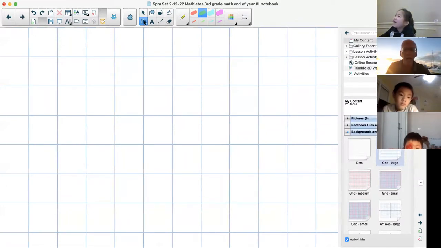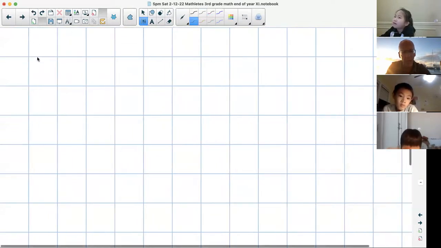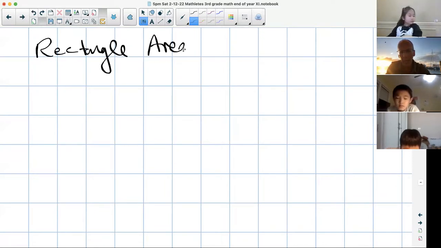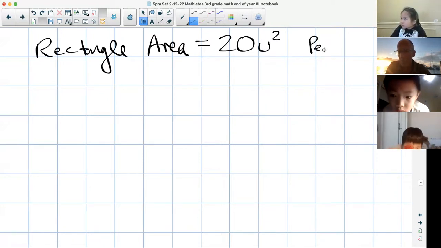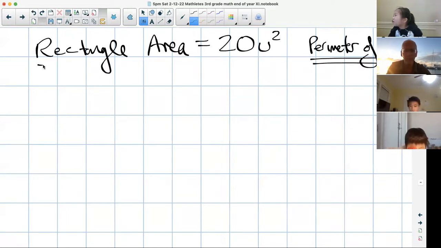Well, I would like you first to give me a rectangle with an area equal to 20 square units, and also a rectangle with a perimeter of 20 units. 200.